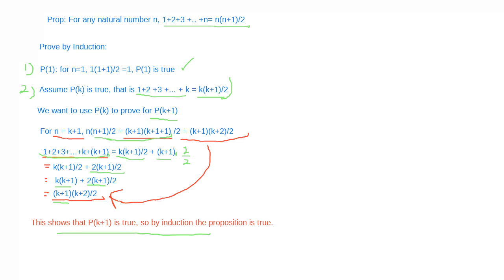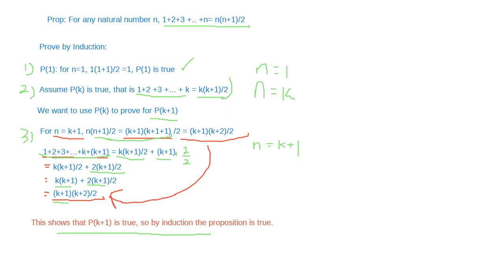So this is step 3, for n equals k plus 1. You see, n equals 1 is the basis, the base case. n equals k is the assumption. Then we use this assumption to prove n equals k plus 1. All right, anybody has any questions?